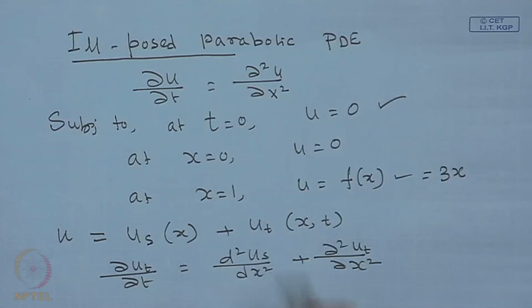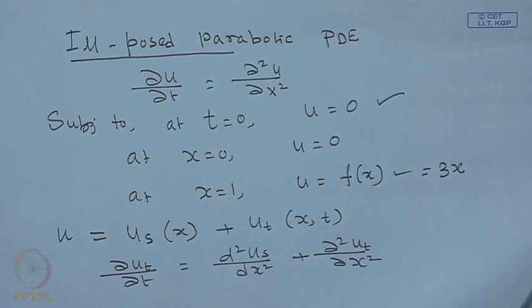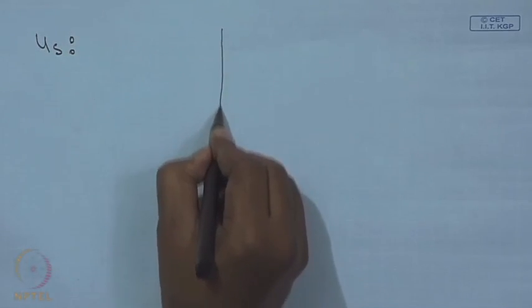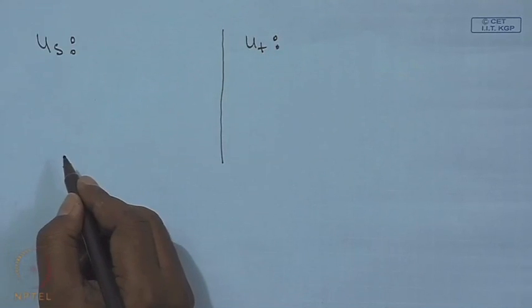Then what we do? We collect the similar terms and get the governing equation of u_s and u_t. This is possible because the operator is a linear operator. So, we formulate the governing equation of u_s and formulate the governing equation of u_t.